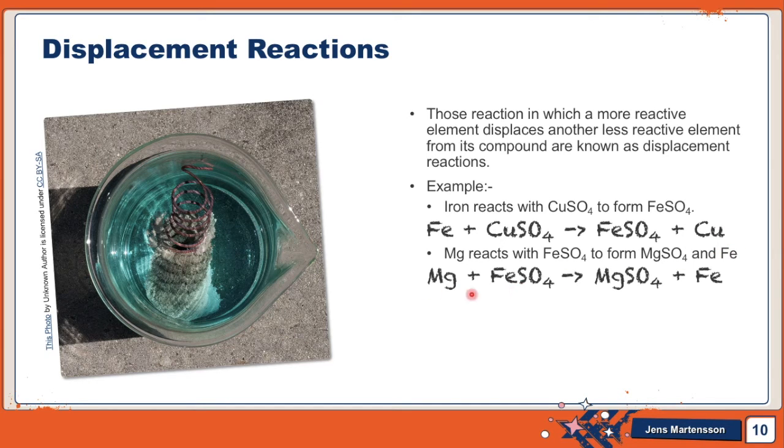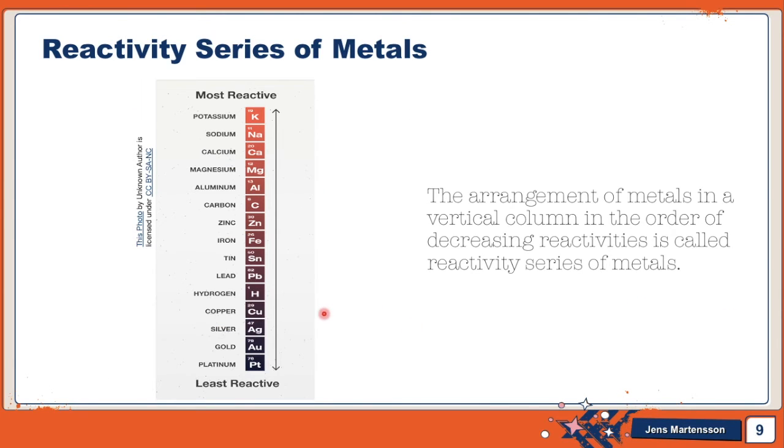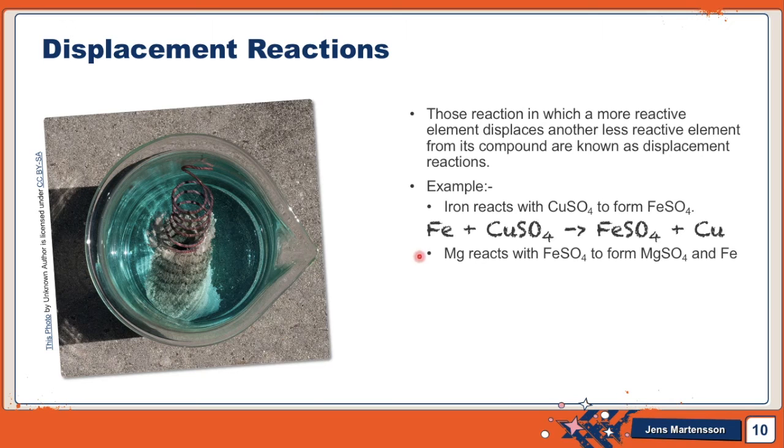Magnesium Mg plus FeSO4 gives MgSO4 plus Fe. Magnesium is here, iron is here. So that means magnesium will replace iron. The further apart these two elements are, the faster the reaction will be.